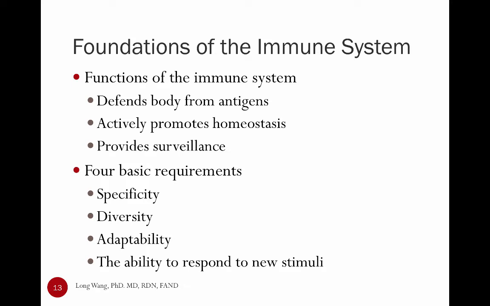So all the diverse antigens we have to deal with, our immune system has to be able to deal with every single one of them. And sometimes things change, and our immune system will have to update the surveillance system or the memory to go with the latest. And whenever we encounter a new stimulus, our immune system, although it has never encountered it before, should be able to develop something over time.